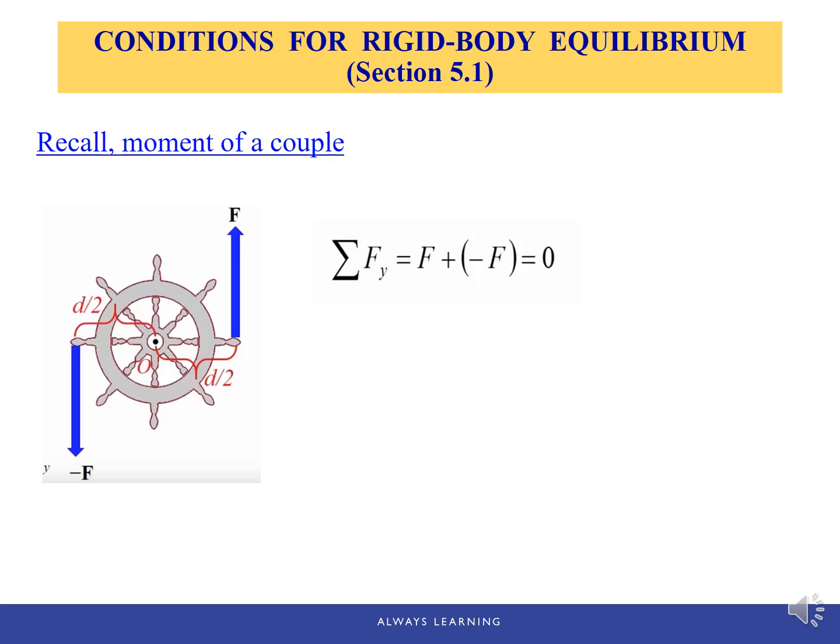But the two forces make a couple moment which has a magnitude of F times d. That is a free moment which will cause a rotational effect on this wheel. Therefore, for a rigid body to be in equilibrium, the resultant external force and resultant moment must be 0.